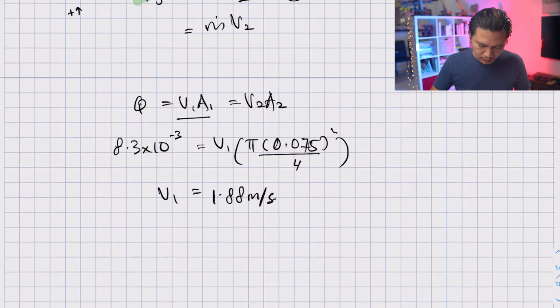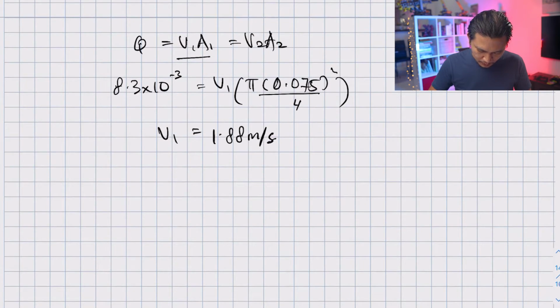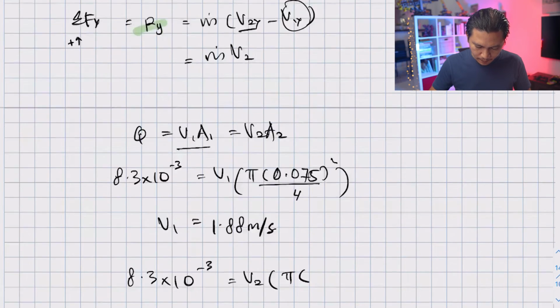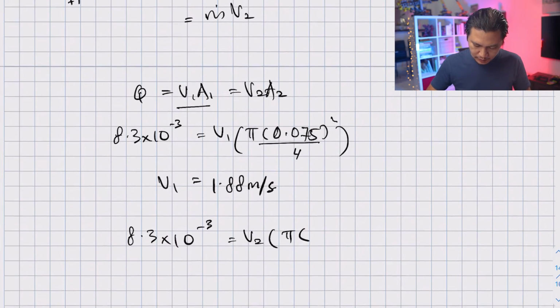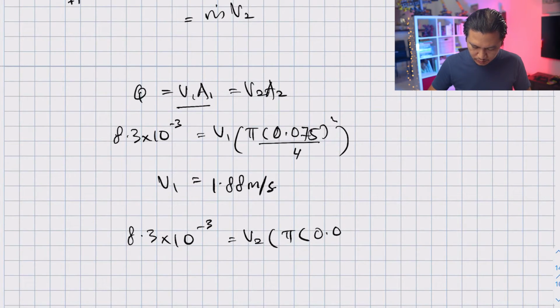And what about our V2? 8.3 times 10 to the power minus 3 equal to V2A2. So this is pi, diameter at point 2 is 37.5, this is 0.0375 squared over 4.